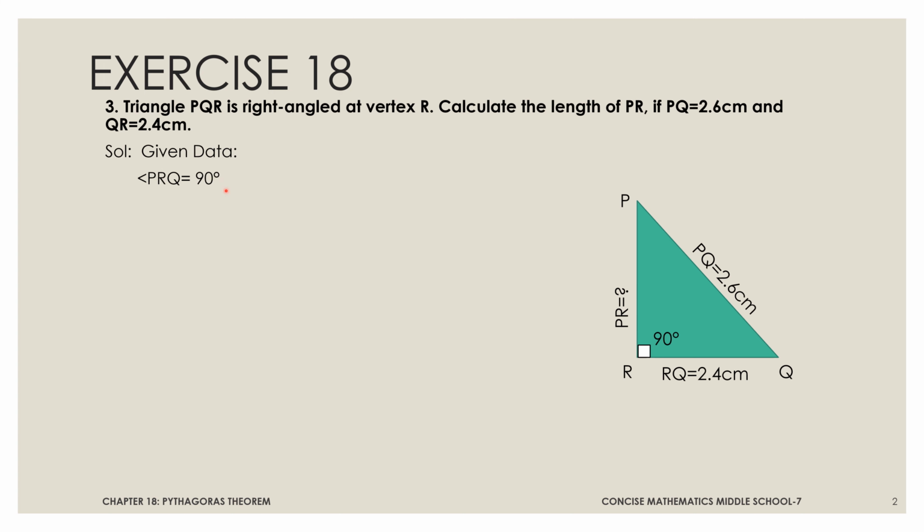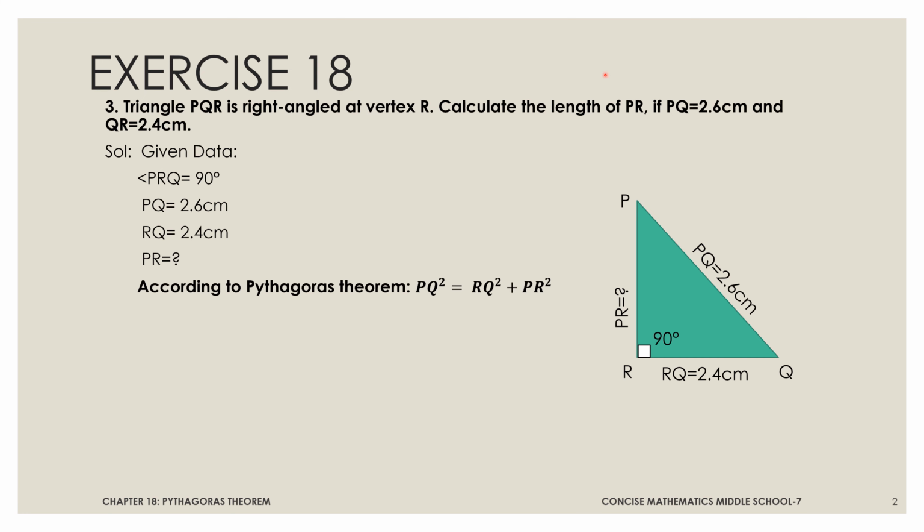I've just mentioned it as the vertex. At the vertex this angle is 90 degree. So you can write it down as angle PRQ is 90 degree and PQ is equal to 2.6 centimeter. RQ is equal to 2.4 centimeter. PR is equal to how much? This is the data which we got from here, right?